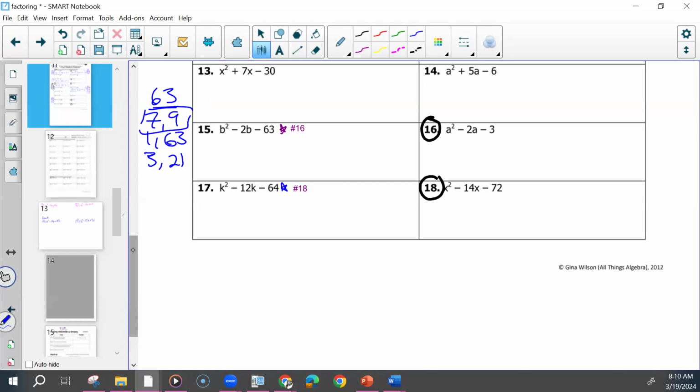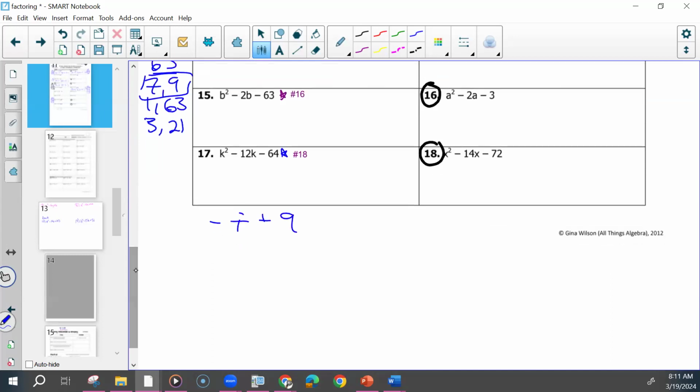Would negative 7 plus 9 give us negative 2? No, it wouldn't. So how do we make it negative? Make the 9 negative.